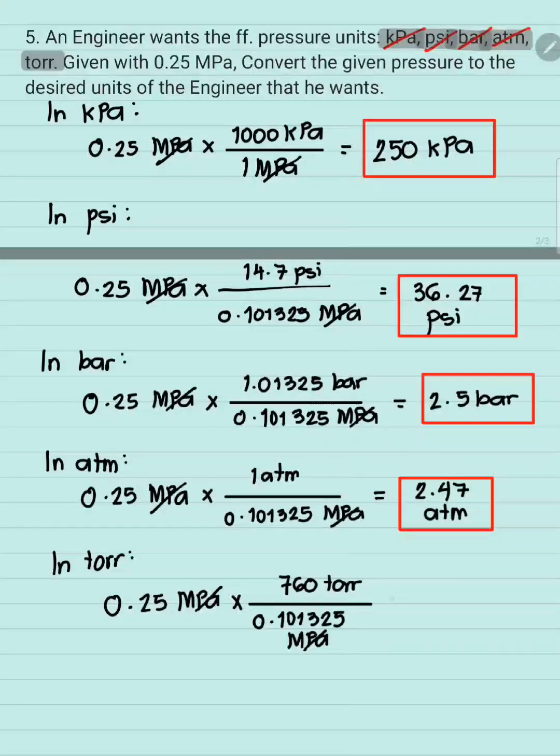Cancel all the megapascal units, and we get 1875.15 torr. This is expressed as 0.25 megapascal multiplied by 760 torr divided by 0.101325 megapascals. So we are done with problem number 5.